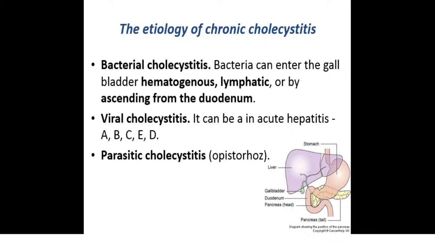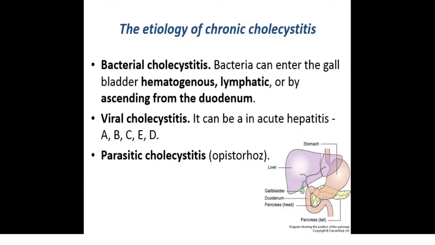Etiology of chronic cholecystitis. Very often it is bacterial cholecystitis. Bacteria can enter the gallbladder hematogenously, lymphatically, or ascending from the duodenum. It may be viral cholecystitis, and very often we can see inflammation in the gallbladder if the patient has acute hepatitis A, B, C, D and others.